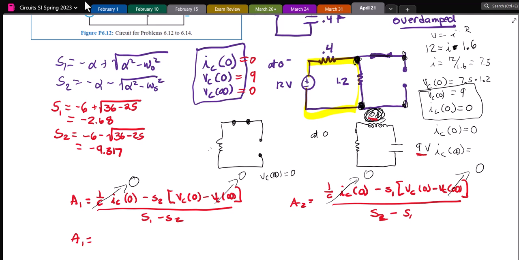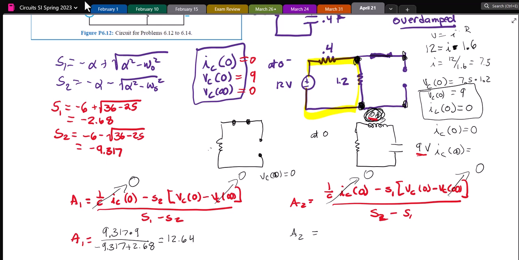S2 was negative 9.317, so that becomes positive 9.317 times VC of 0, which was 9, over S1, negative 2.68, minus S2, so plus 9.317, and A1 ends up being 12.64.